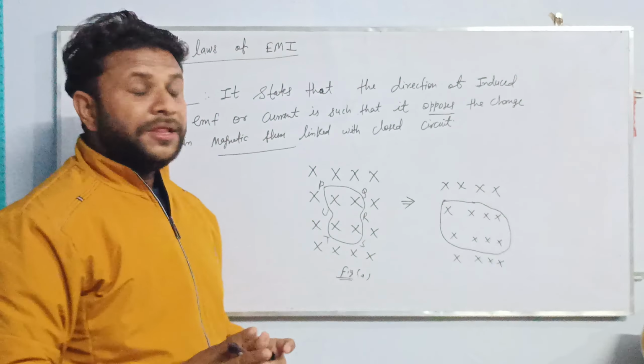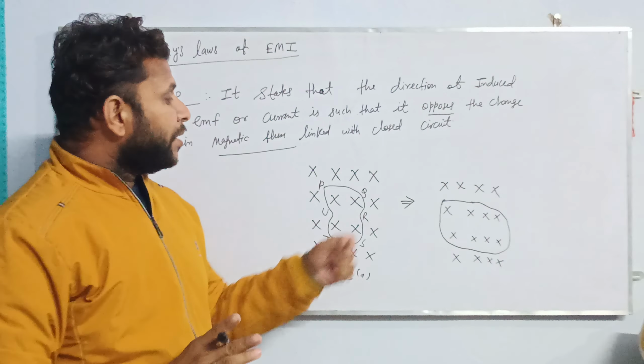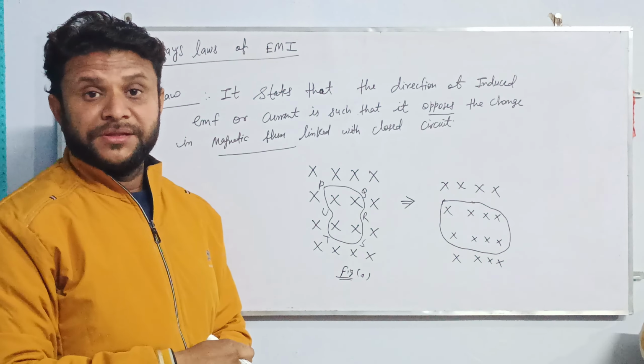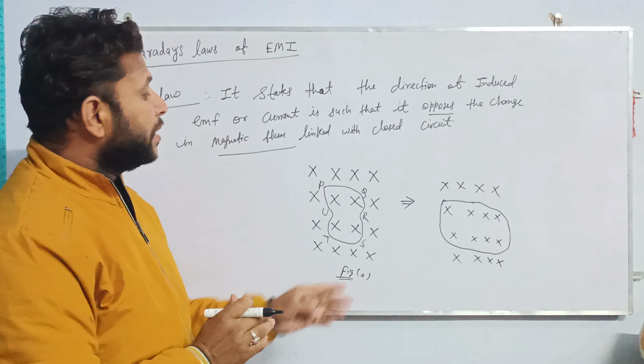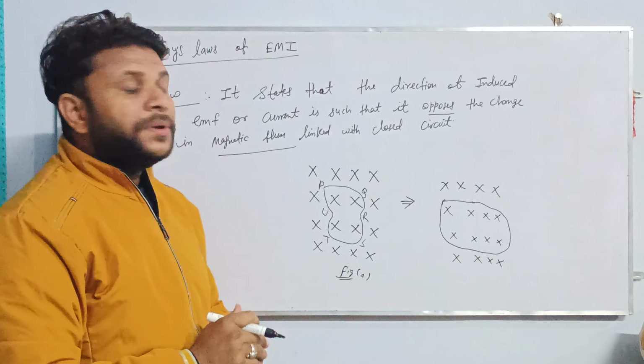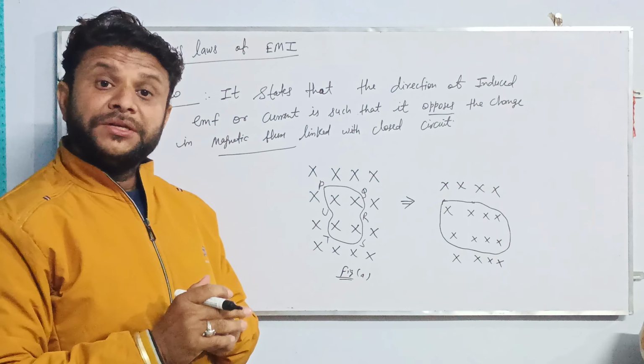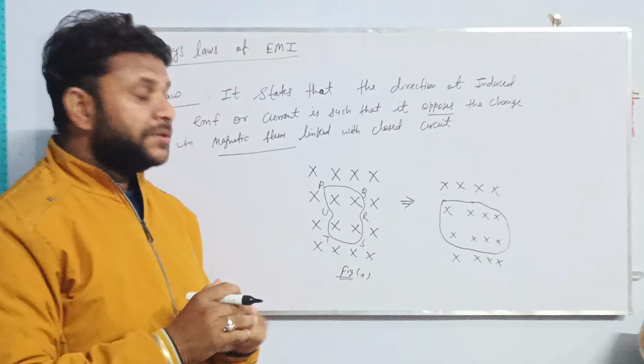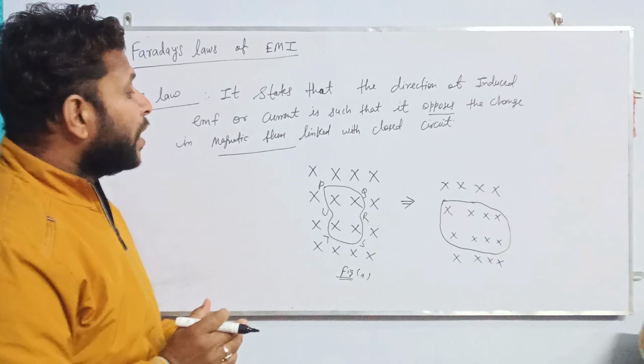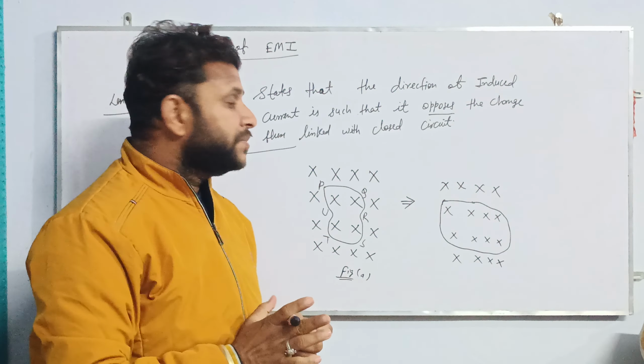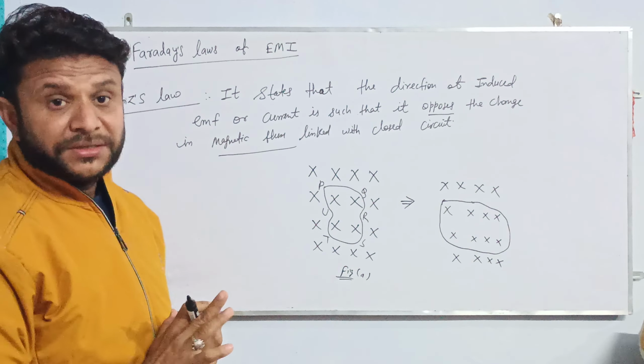Here we can see that the number of magnetic field lines covered by the area of the PQRS coil has increased. So what is the direction of the induced current?